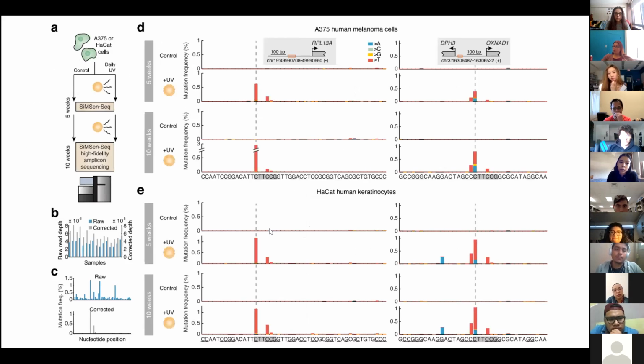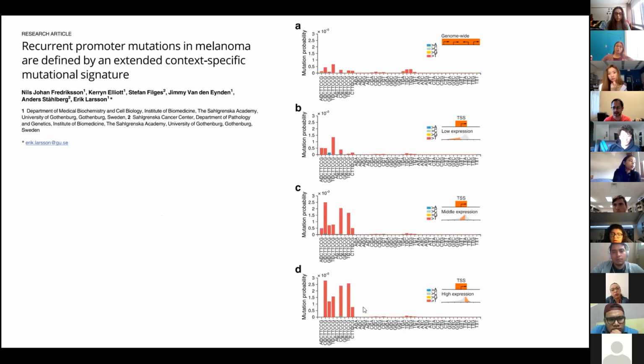So then, to explore this further, they exposed cells to UV light, and then looked at how this UV light may induce mutations in the genome, and they looked at some particular genes in this category. They found genes that were highly expressed and that had mutations very often in those particular regions.